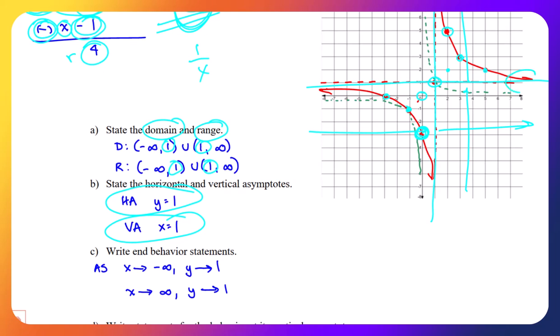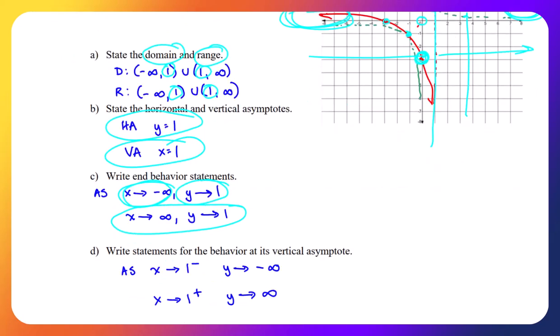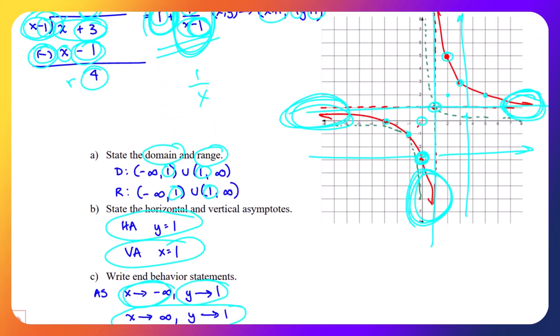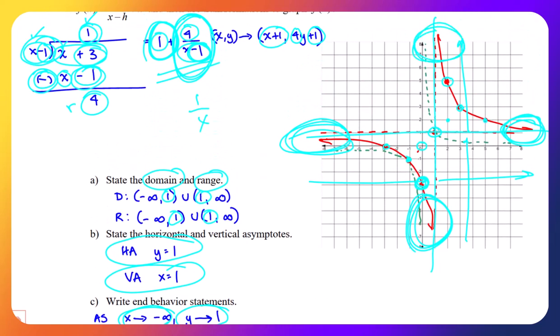End behavior, going to the right, the y value gets closer and closer to 1. Going to the left, the y value gets closer and closer to 1. As you approach 1 from the left, we go down. As we approach 1 from the right, we go up.